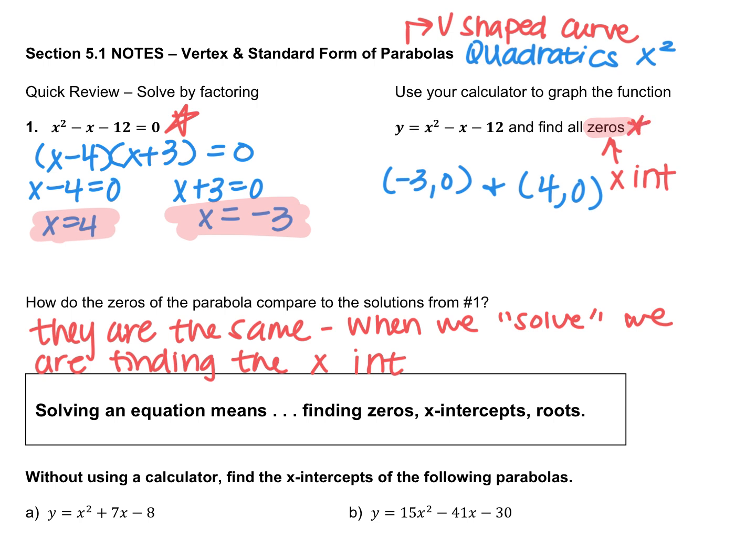When we're finding the zeros, we're finding the x-intercepts. Basically, anytime we're solving a quadratic function for x, we're finding the x-intercepts. So solving an equation means finding the zeros, x-intercepts, or roots. All three of these words mean the same thing. They are all synonyms of each other, and they will be used interchangeably.